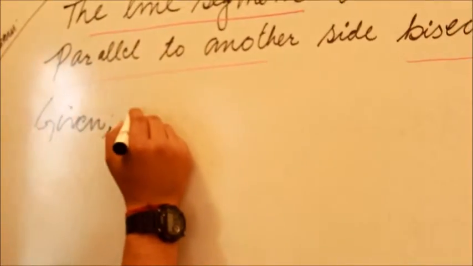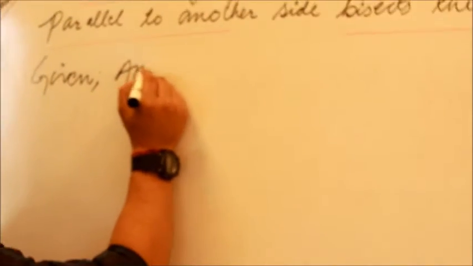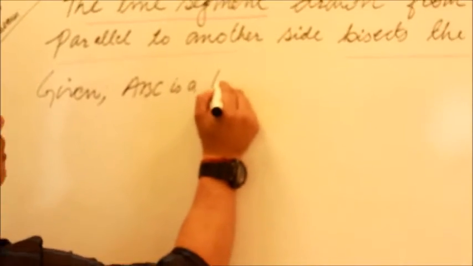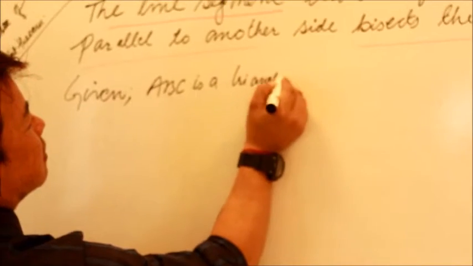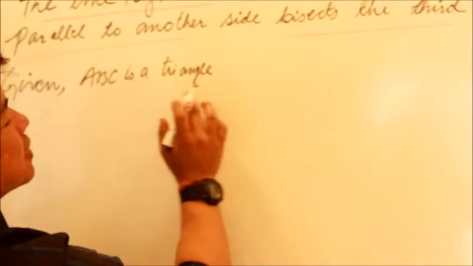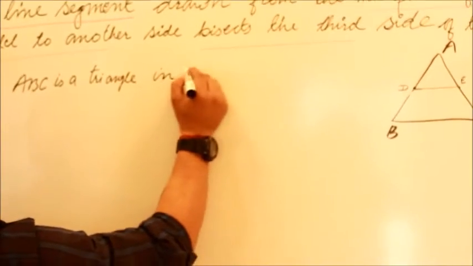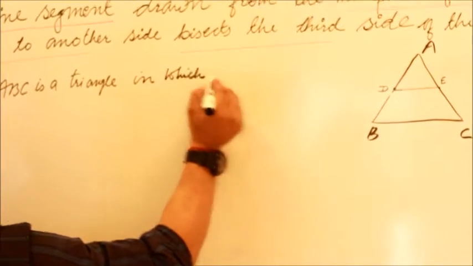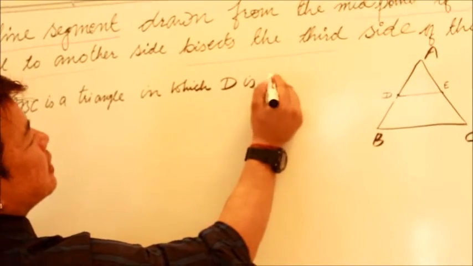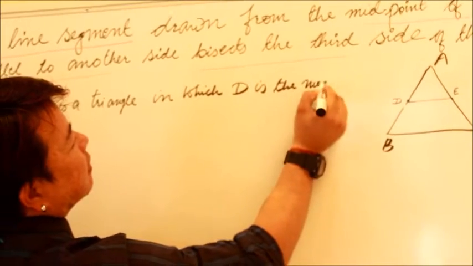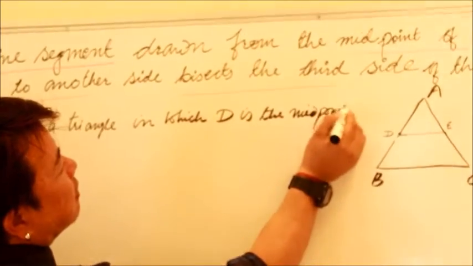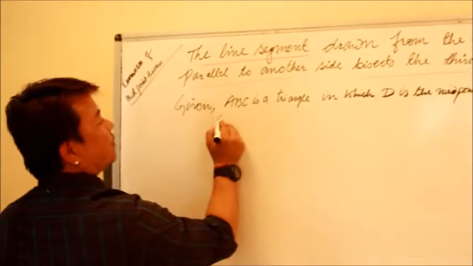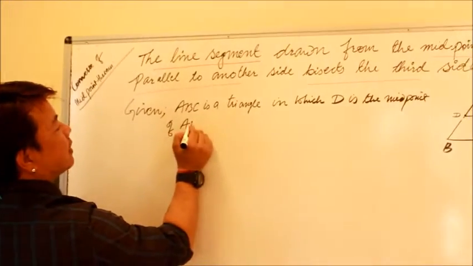So we have to write the given. ABC is a triangle in which D is the midpoint of AB.